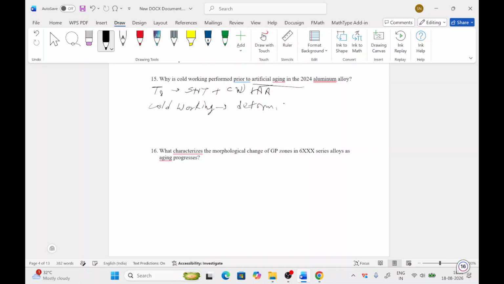The deformation increases dislocation density in the alloy in the supersaturated solid solution, and this further increases grain boundaries also.